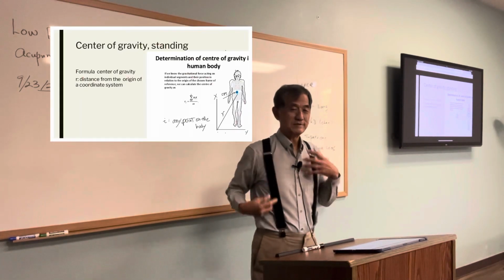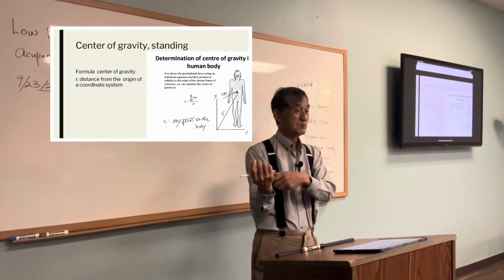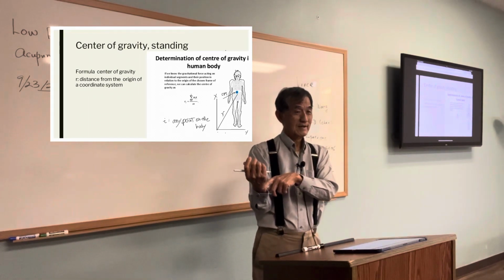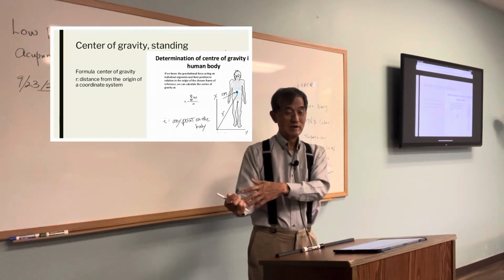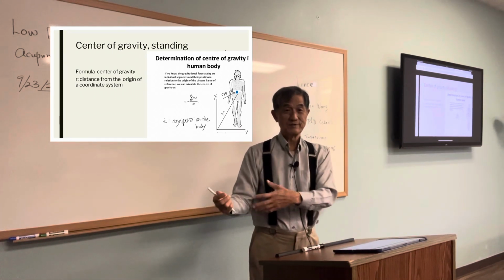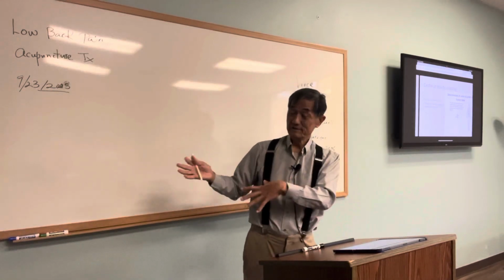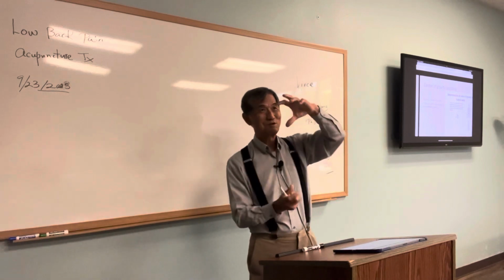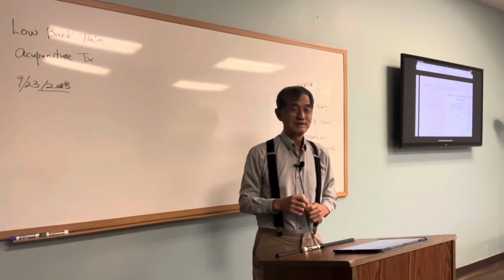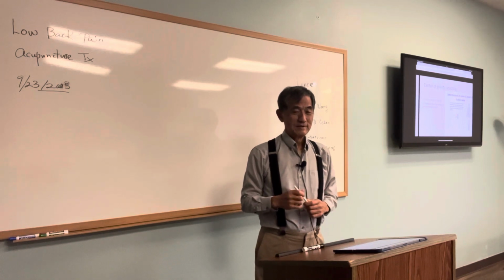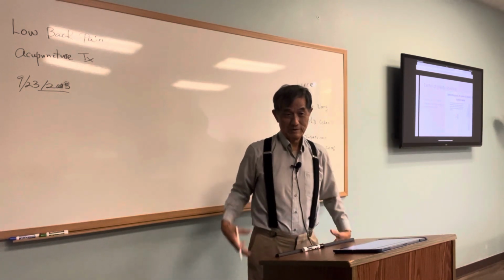Center of gravity is, every part of your body has a mass, right? And you add the masses together and look at the distance from the reference point. In physics, they were trying to figure out how to solve this problem, and it turned out that we have a mass.